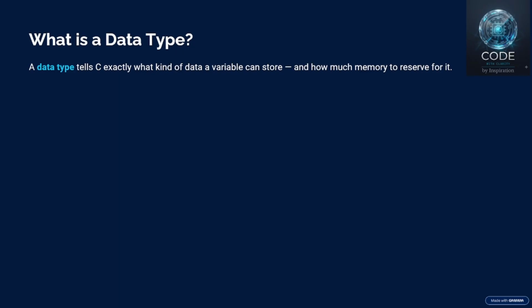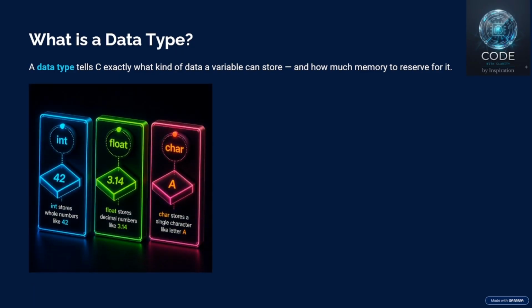For example, int is used for whole numbers, so values like 20, 50 or 100 can be stored using the int data type. Float is used for decimal numbers. For example, 85.5 marks, or the average, or a price like 70.5, with decimal points. And char is used to store a single character.